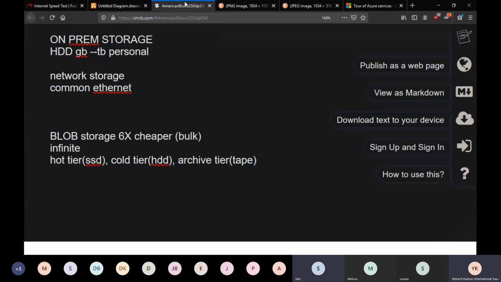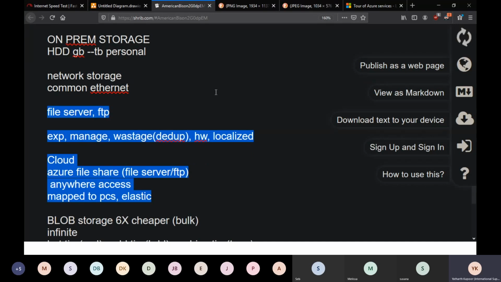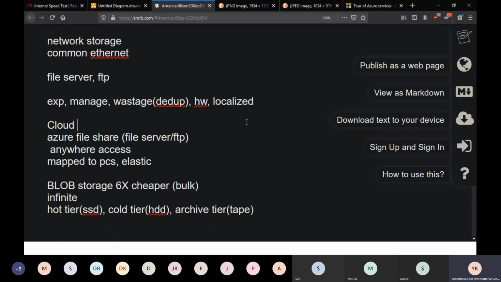Yeah, it does. Thank you very much. No problem. Any more questions on this, on storage? I can see that most of the questions are regarding blobs. I would appreciate some questions regarding Azure file share as well, because this is important too. If you have any questions regarding either of these, shoot away.